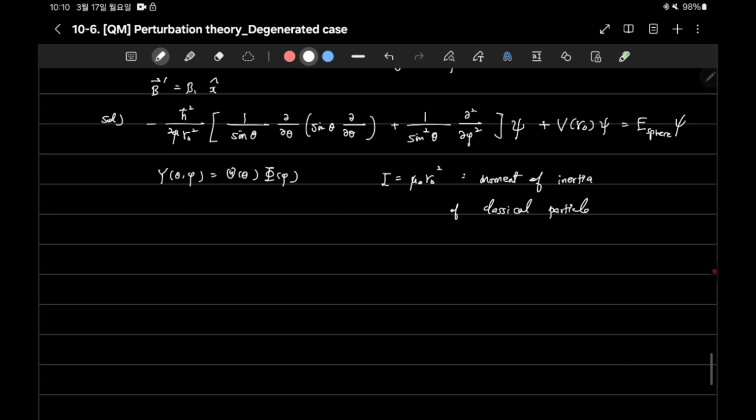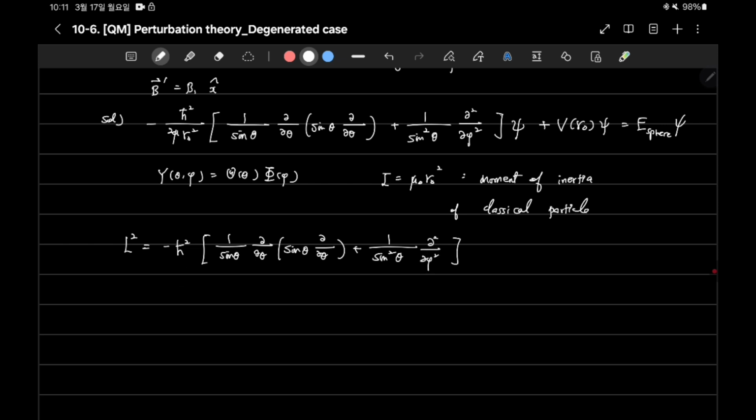We already know that L squared is minus h bar squared times 1 over sine theta partial theta of sine theta partial theta, plus 1 over sine squared theta partial phi squared. It is the operator of L squared.